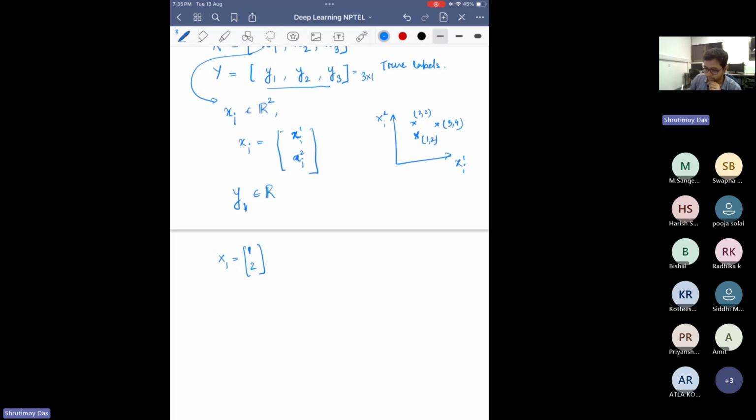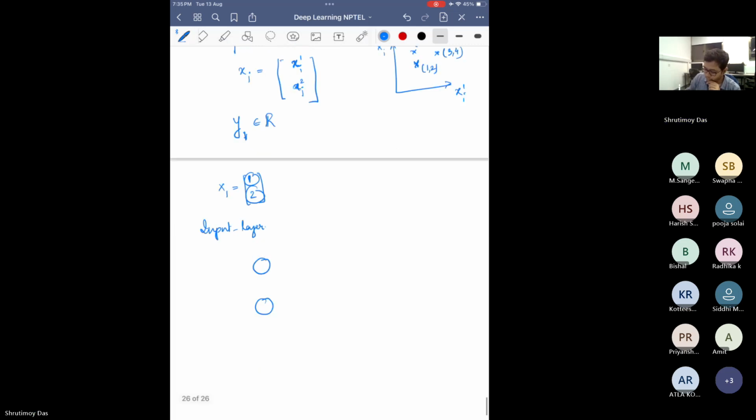So my input layer will contain one neuron for each dimension. I have two dimensions, dimension 1 and dimension 2. So the input layer will have two neurons, one for dimension 1 and one for dimension 2 of the ith point. Is this clear?